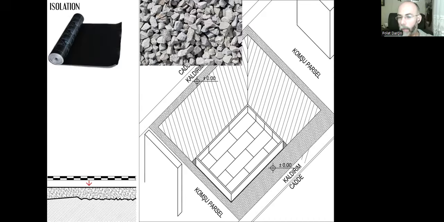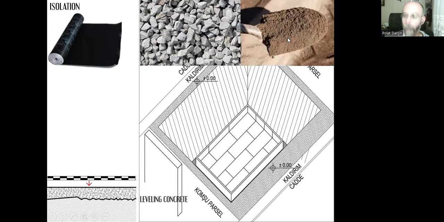First, we can have one leveling concrete. That's what we call a leveling concrete, düzeltme betonu in Turkish. For that concrete, we don't use coarse aggregate, but we just use fine aggregate, sand. With that mixture, we will have a very smooth surface.